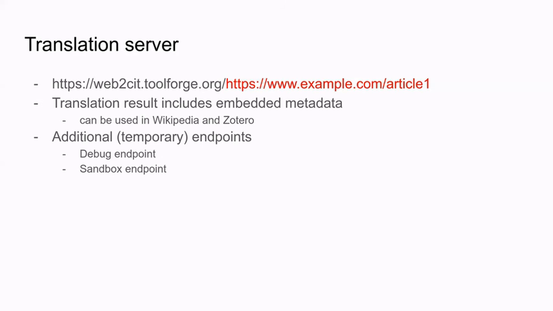So the debug endpoint, instead of outputting just the citation, the idea is that it will output step by step what happened. It's like, we tried this template. For this selection, we got this. For this selection, we got that. Then we applied a transformation. This is what we got. And this is the output we got. This is valid. This is not valid.